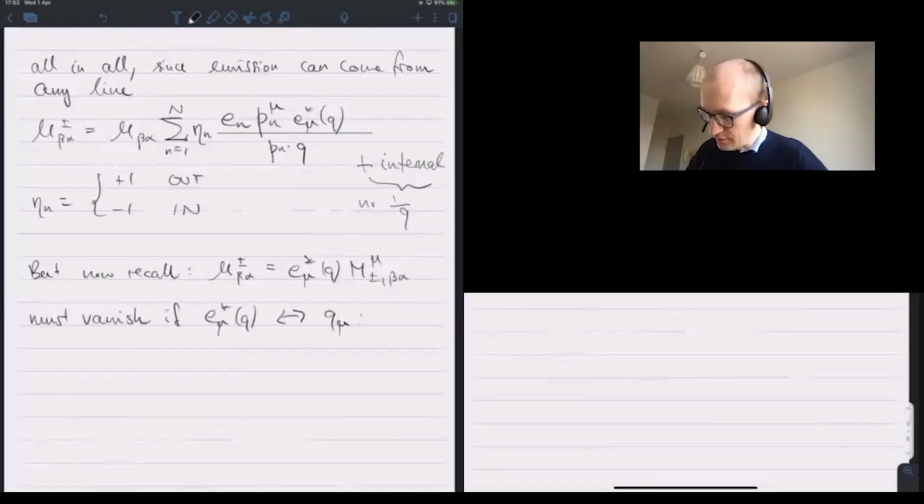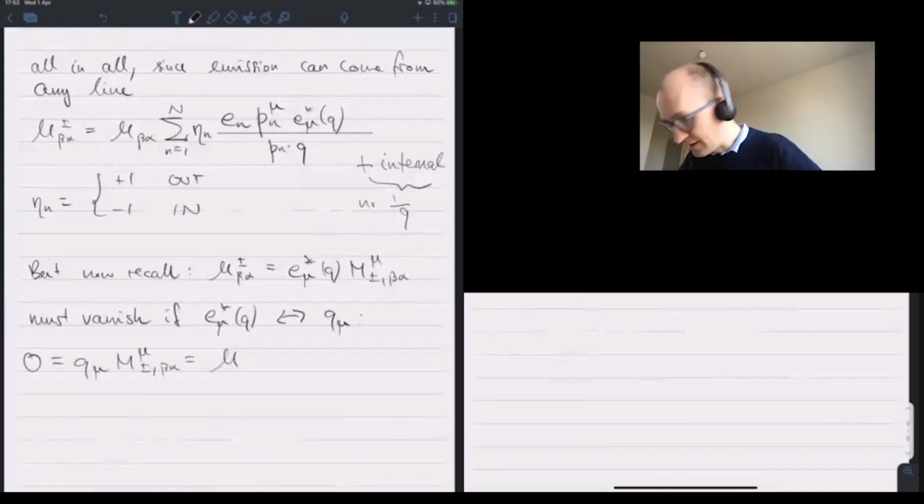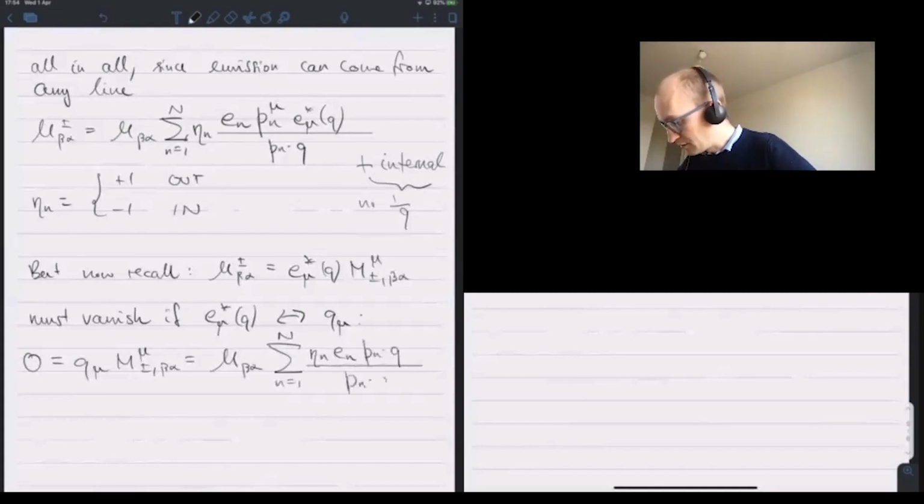So that gives us the following equation. It gives us 0 equal Q mu m mu plus or minus beta alpha, which is therefore equal to calligraphic m beta alpha times the sum, n goes from 1 to capital N, of eta n En Pn dot Q divided by Pn dot Q, because I've just substituted Q mu for this guy, and so I have Pn dot Q, and in the denominator I've had Pn dot Q all along, and so those guys happily cancel out.